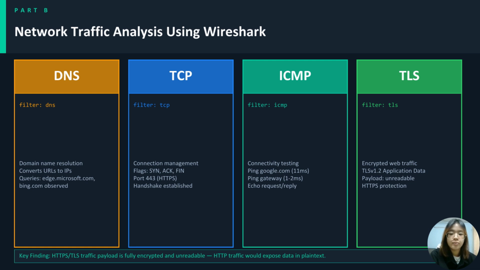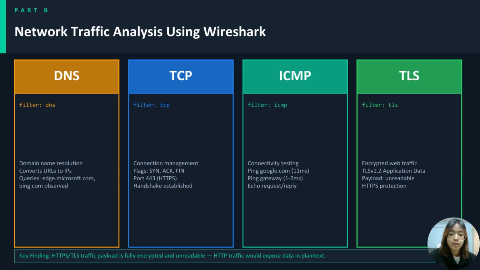And the final protocol analyzed was TLS, which secures communication over HTTPS through encryption. The capture showed TLS 1.2 encrypted traffic. Although source and destination information remain visible, the actual data content could not be read because it was encrypted.